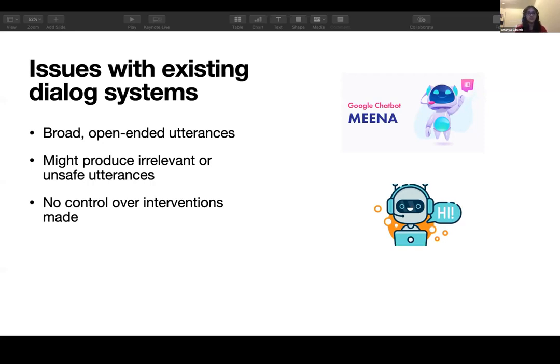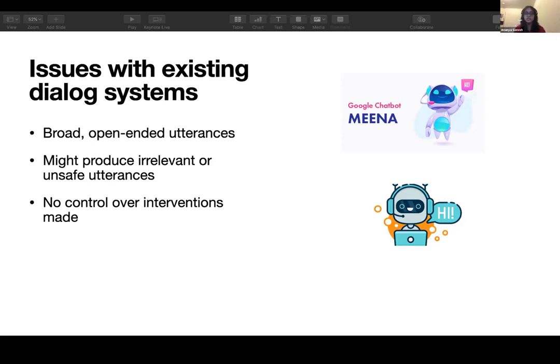One of the issues with open domain dialogue systems is that their goal is to have an engaging conversation with the user. And so the utterances that they make tend to be extremely broad and open-ended. On the other hand, they might produce completely irrelevant utterances, such as, I couldn't hear you.